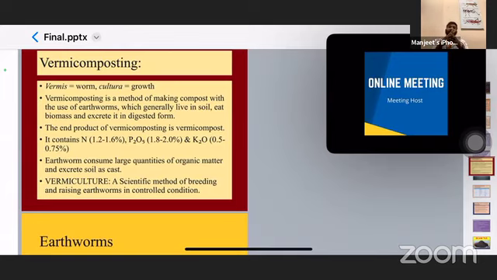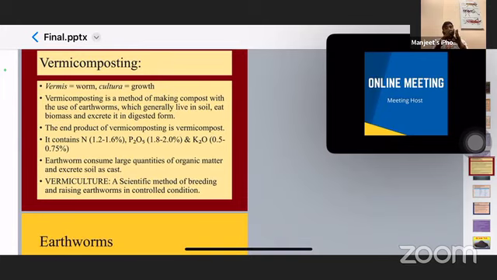But the most popular species used in vermicomposting in India are Eisenia fetida and Eudrilus eugeniae. Eisenia fetida is mostly used in India.